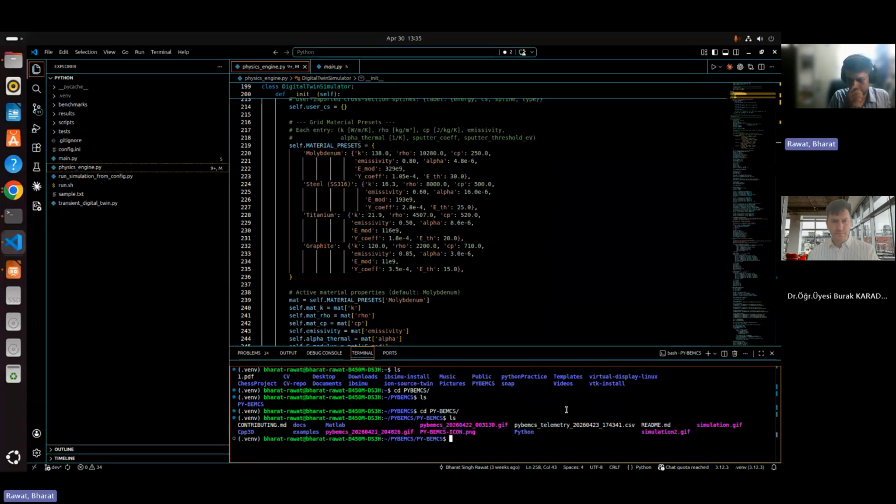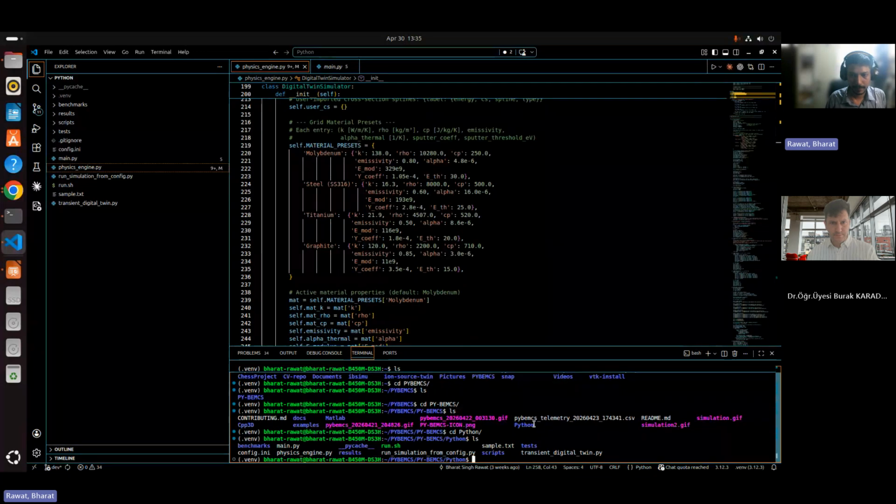And in this, you see all these folders. There is a folder called Python, so you need to go inside it with cd Python. Sorry, it's capital P. And if you do ls, you have all your important files which are needed to run.